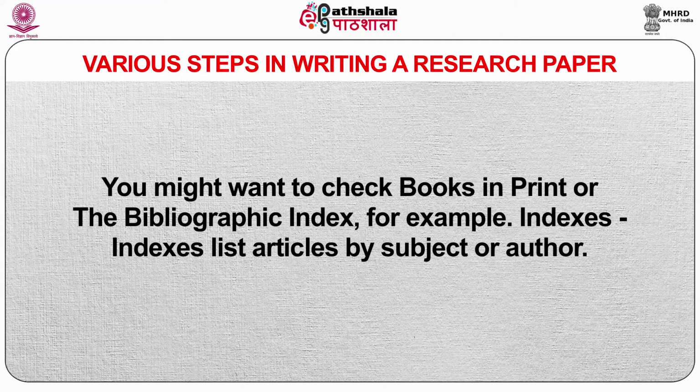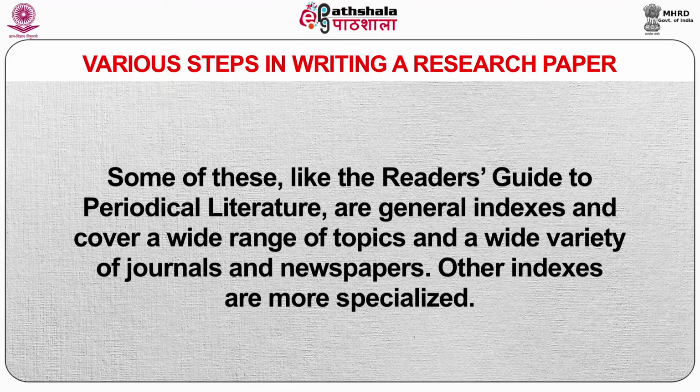The researcher wants to check Books in Print or the bibliographic index. For example, the indexes list articles by subject or author. Some of these, like the guide to periodical indexes, cover a variety of topics related to the field, such as the variety of journals available in the library.